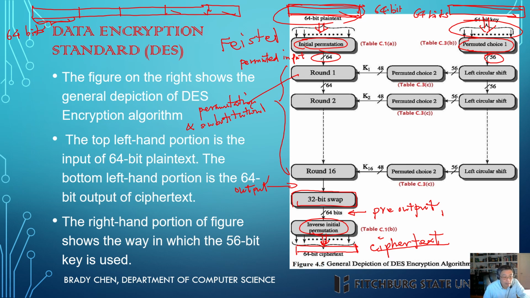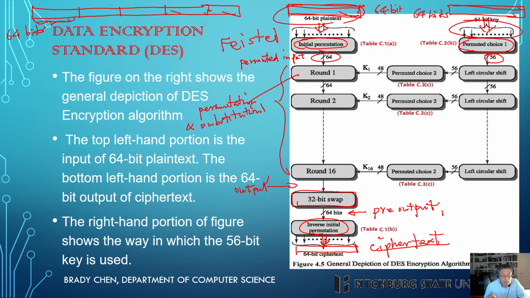That's the reason why most of the time we call the DES key a 56-bit key, not 64. Even though we initially input the key as 64, it is immediately reduced in size from 64 to 56 by removing 8 bits.